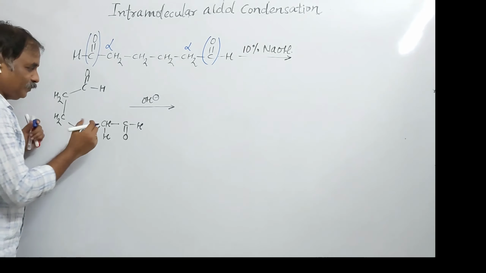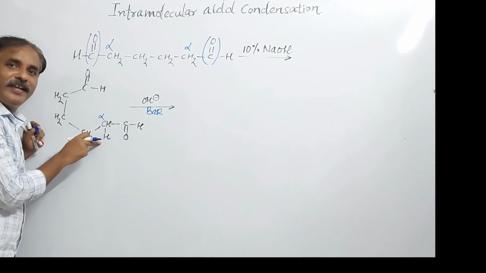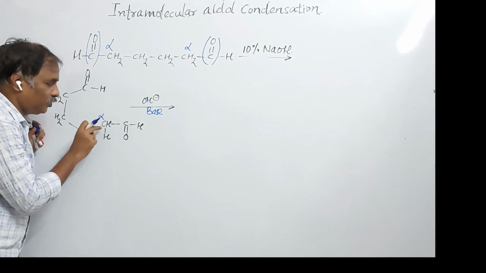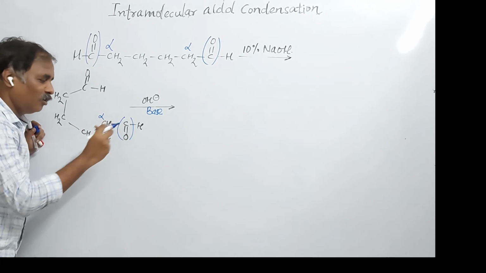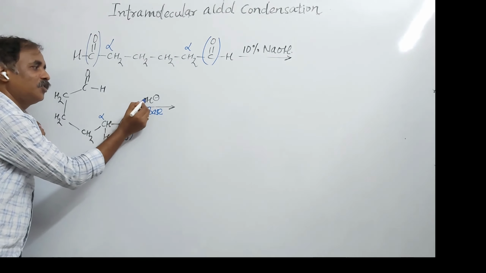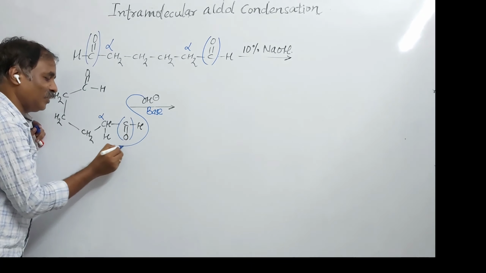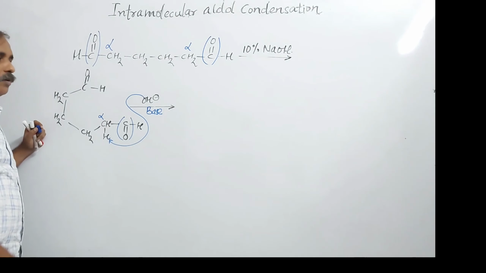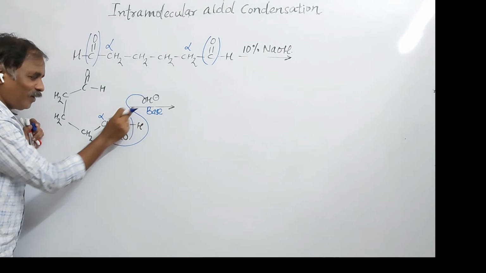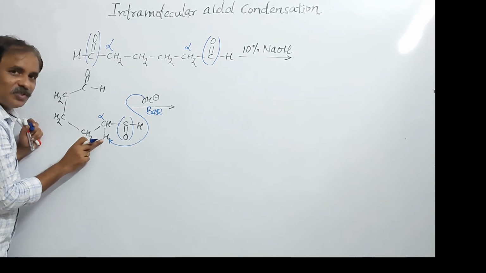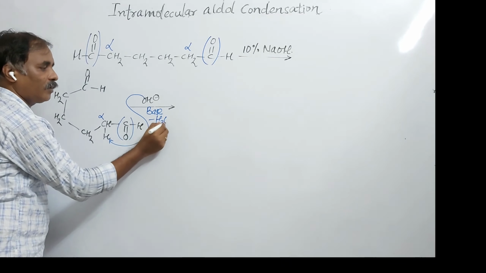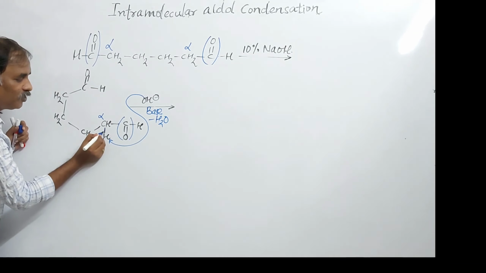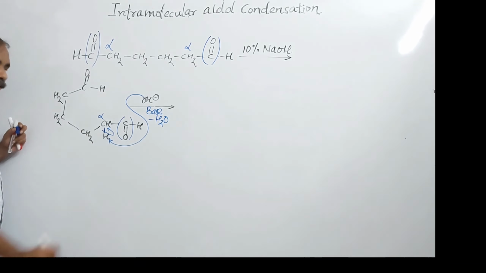Whatever hydrogen atoms are present on the alpha carbon are acidic, because adjacent to this alpha carbon an electronegative carbonyl group, an electron acceptor, is attached. So this base will abstract this acidic hydrogen, and the OH minus combines with it, with removal of H2O, simultaneously breaking the bond and forming the carbanion.